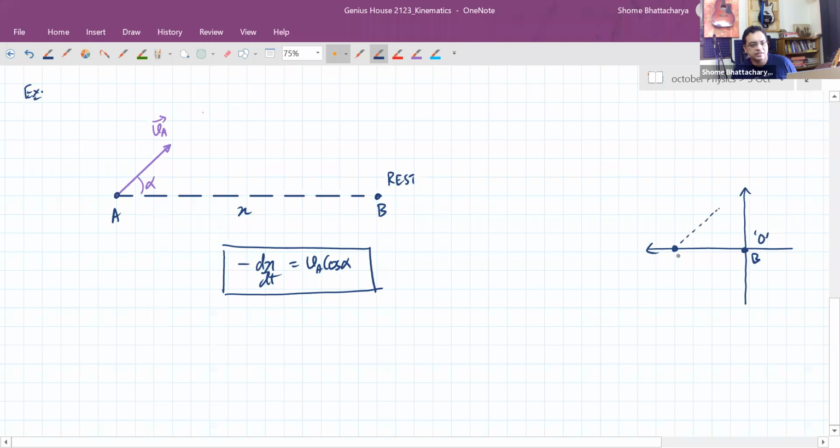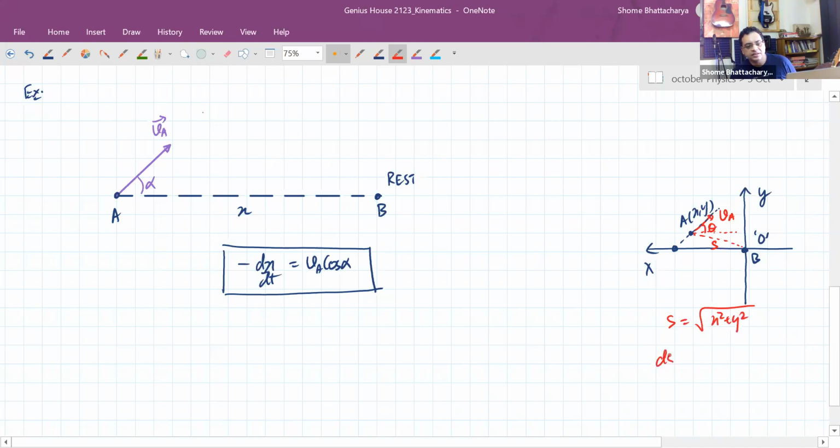So if A's position is some x comma y, with this the x-axis and this the y-axis, and A's velocity is like this at an instantaneous angle, let's say theta, then the distance between A and B, instead of x, would be s. So s would be the root of x square plus y square.